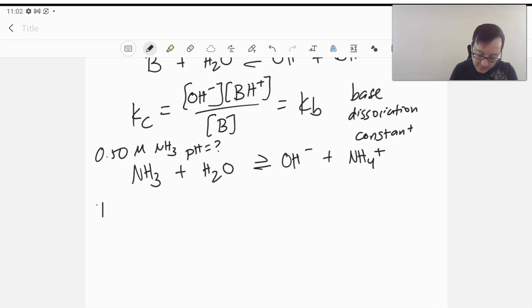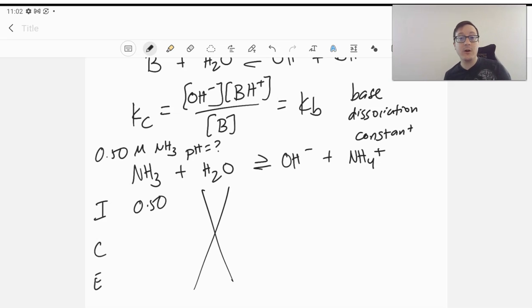Well, just like before, we're going to do an ICE table. So we're going to start with 0.50. We don't have to put anything for water because water's a liquid. Liquids don't matter for ICE tables. The reason is because concentrations of liquids and solids don't change. If you're adding more water, you're now expanding the volume of that water.